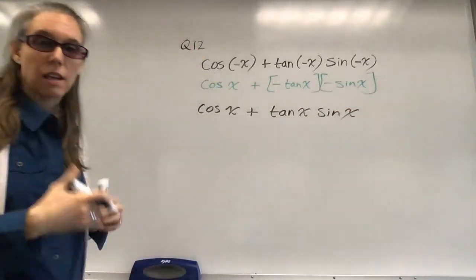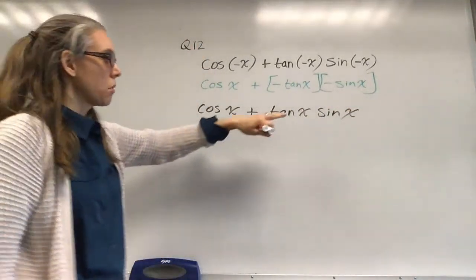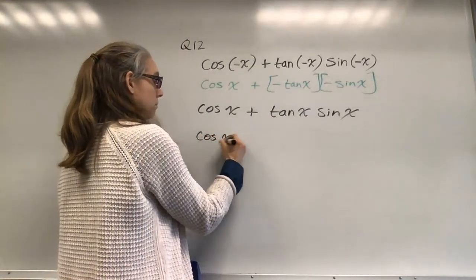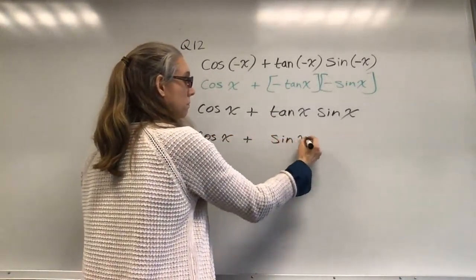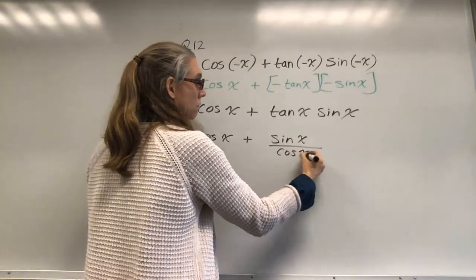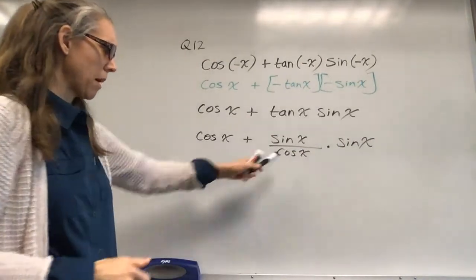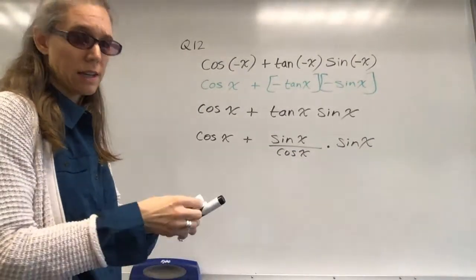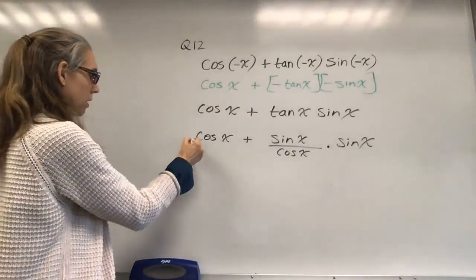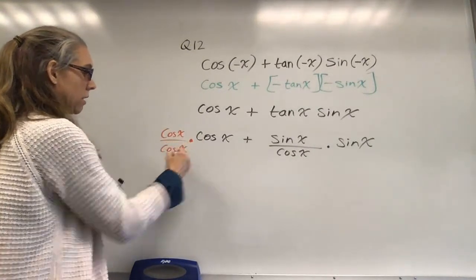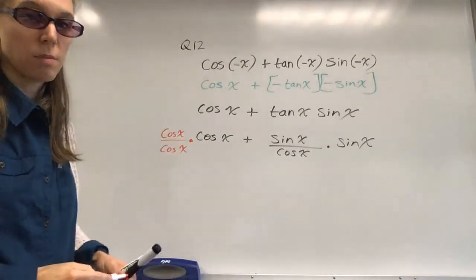So now that we've taken care of the negatives and the positives, we want to replace tan with sine over cosine. And I can see here that I'm about to have cosine as a denominator, so I can over here multiply by a cos over cos so that I will have the common denominator.